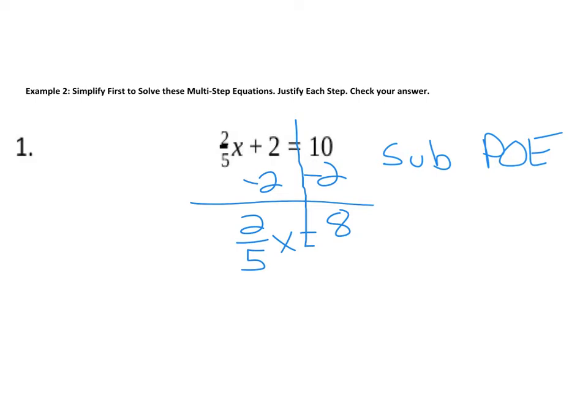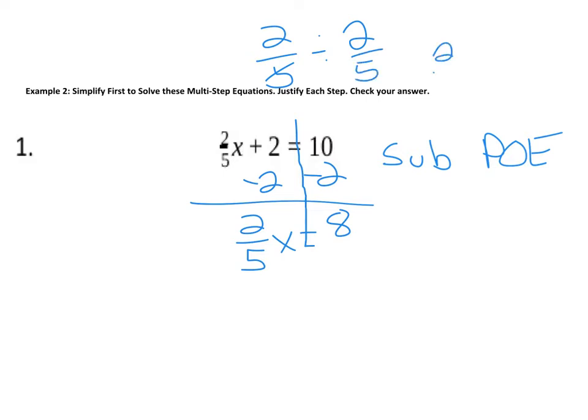Now again, if you like to draw the line down the middle, feel free to work with that. When we look at 2/5 x, that's multiply, so our inverse of multiply is typically divide. But with 2/5 divided by 2/5, we don't typically divide fractions.